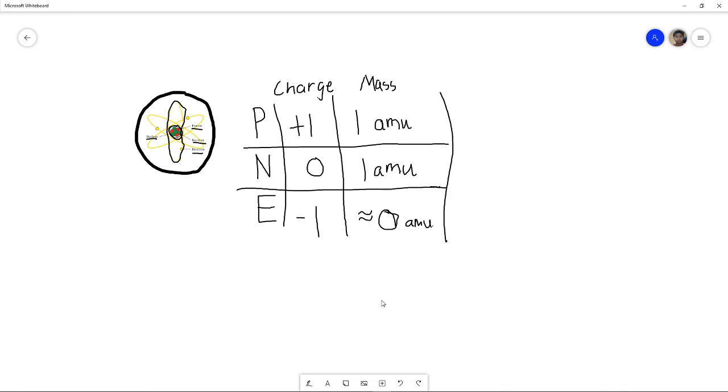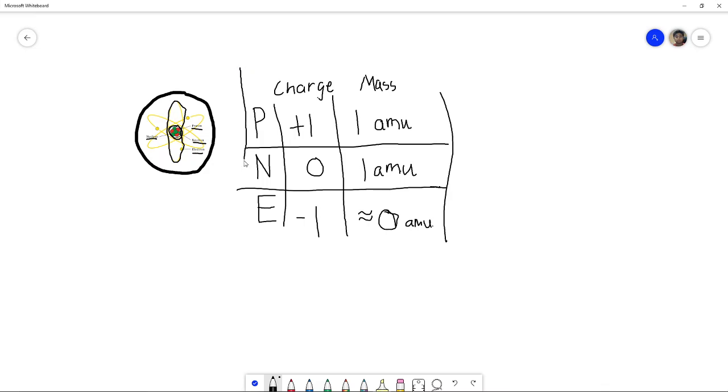One proton, electron, or neutron from a carbon atom is going to be the same as a proton, electron, or neutron from an oxygen atom, and that's because all protons have the same properties, and the same goes for the other subatomic particles.